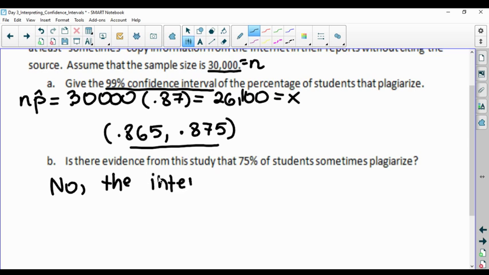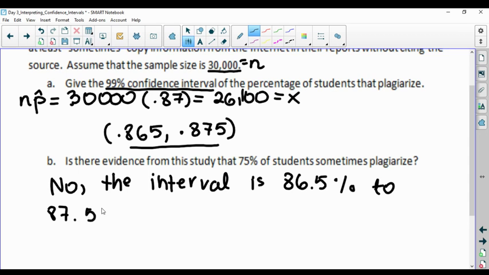The interval is 86.5% to 87.5%. 75% is not in the interval.